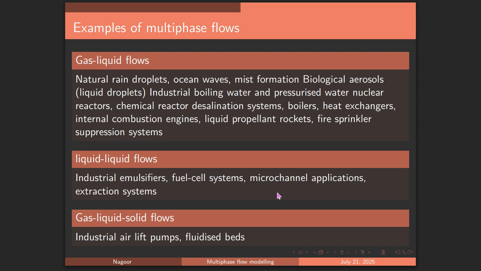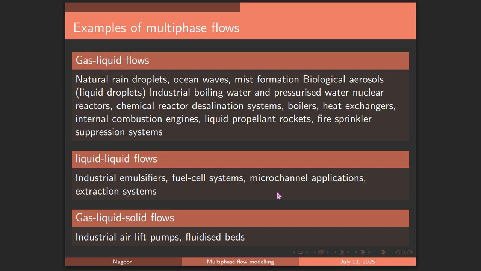And gas-liquid flows: again, there are separated flows. If there are aerosols, that's a kind of dispersed flow. And in nuclear reactors, internal combustion engines, liquid propellant rockets, and liquid-liquid flows like emulsifiers and fuel systems.